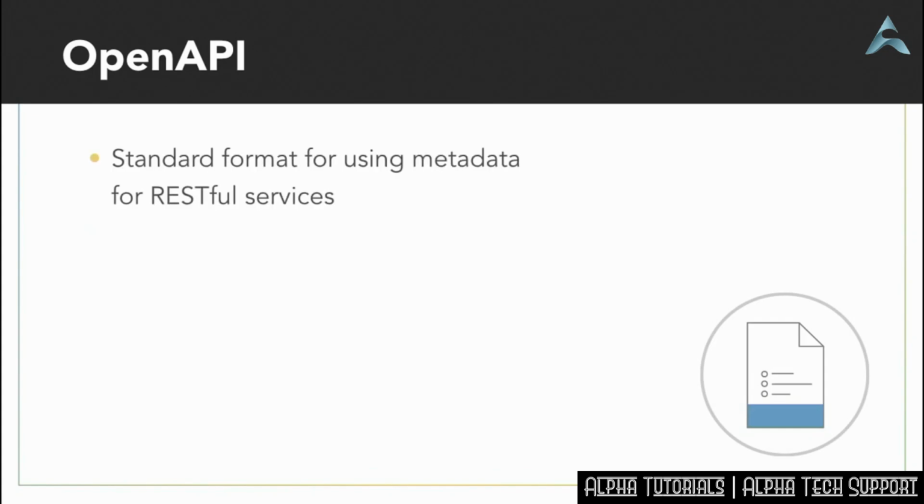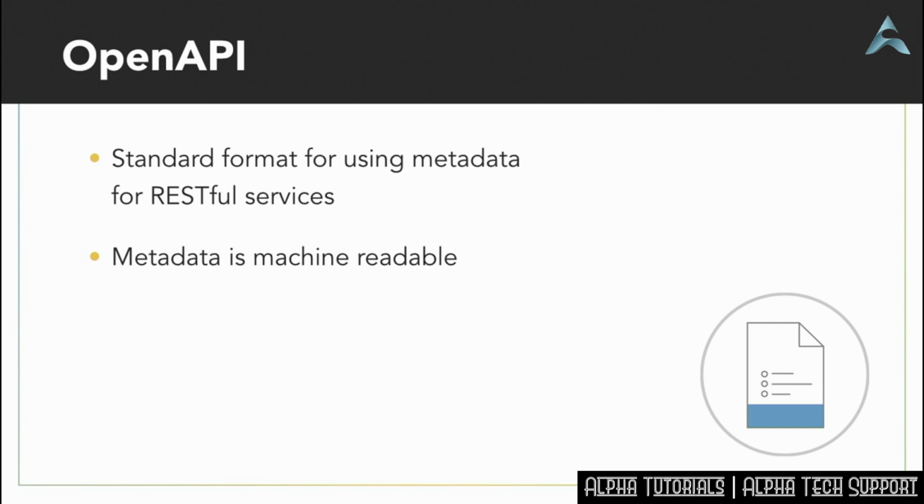On the other hand, the OpenAPI specification provides a standard format for metadata used to describe or define RESTful web services. The metadata is machine-readable so it can be consumed by tools or systems that are built to understand API definitions adhering to the standard.